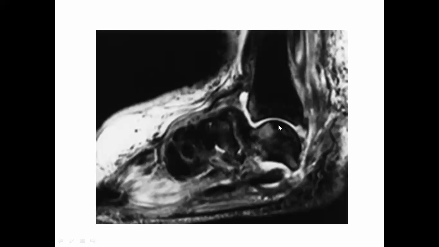Edema of the bone, sclerosis, periarticular soft tissue swelling, deformity due to destruction, and thus we can conclude, of course this is edema, we can conclude that this is neuropathic diabetic foot.